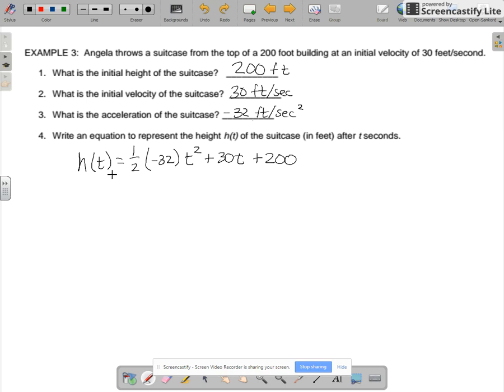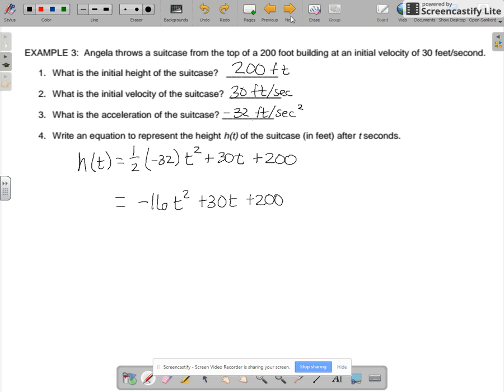We simplify what we can, multiplying 1/2 by negative 32, so we get negative 16t squared plus 30t plus 200. So that's the equation that we will be using for questions 5, 6, and 7.